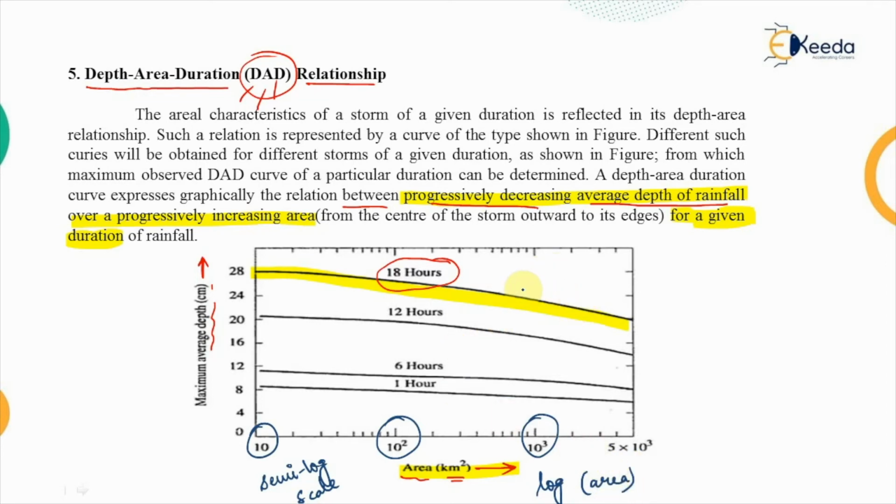And for such a scale, the curve shape is convex outwards. But if we draw the data on a normal scale, that is the average depth on the y-axis against the area, then the curve that we obtain is concave upwards.